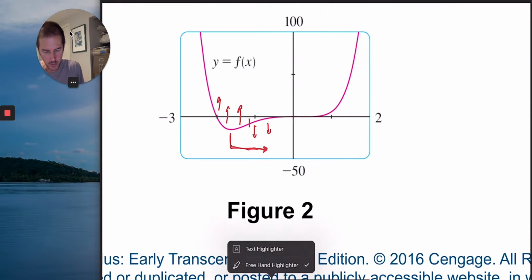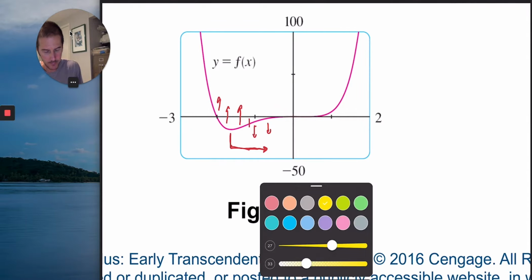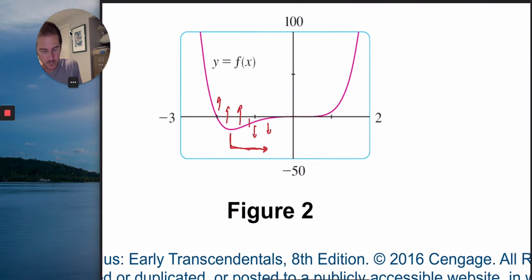If I can get my highlighter to work, it looks like it plateaus in, wow, that is a very large diameter on the highlighter. In here, near the origin, maybe our first derivative would equal 0, so it actually might flatten out for a second there, and then the function continues increasing as we move on to the right and we're concave up.